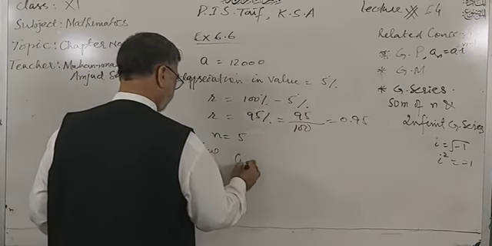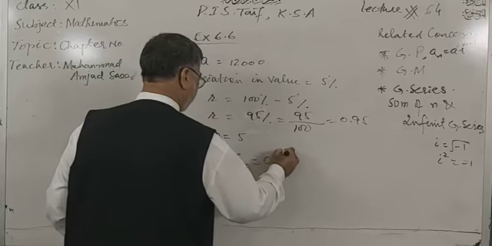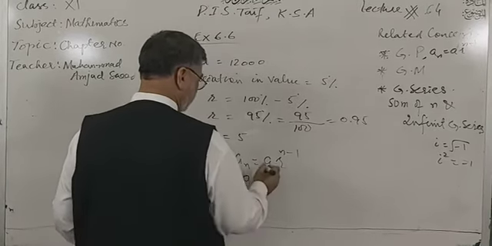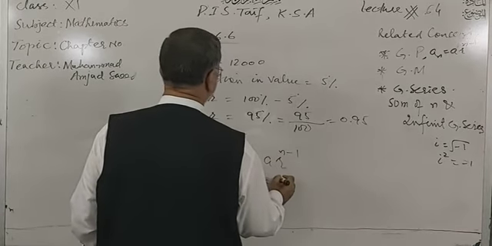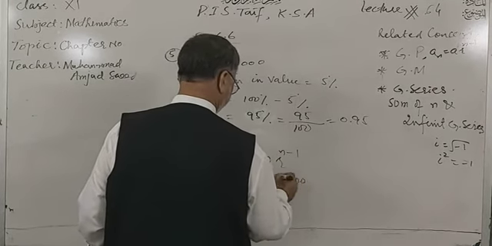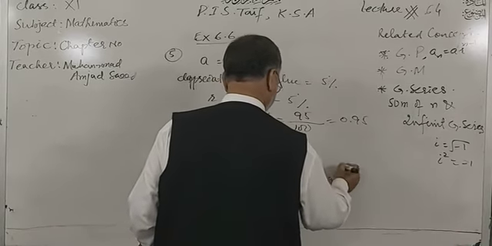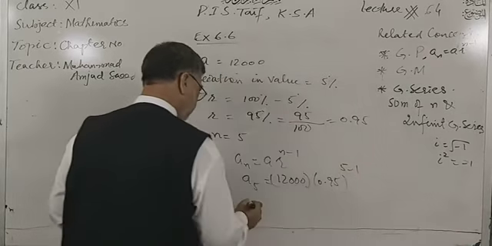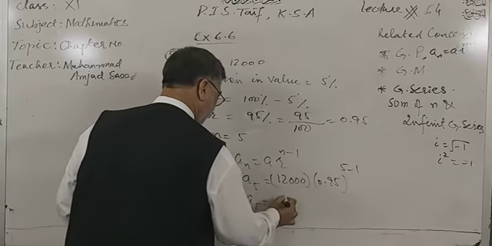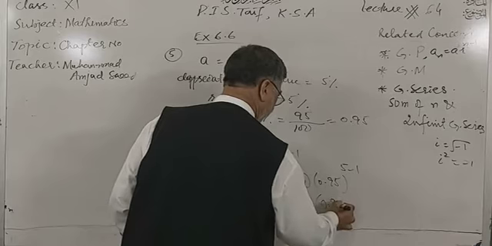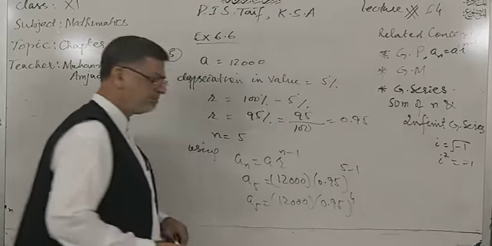Using an is equal to a r power n minus 1, A5 is equal to a is 12,000, r is 0.95, that is 5 minus 1. A5 is equal to 12,000 into 0.95 power 4.